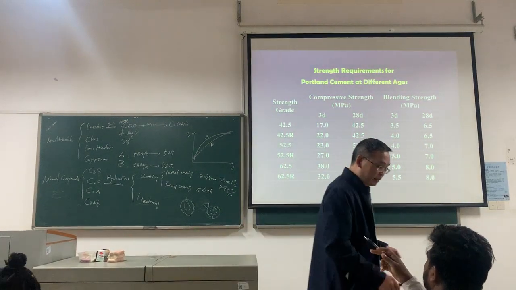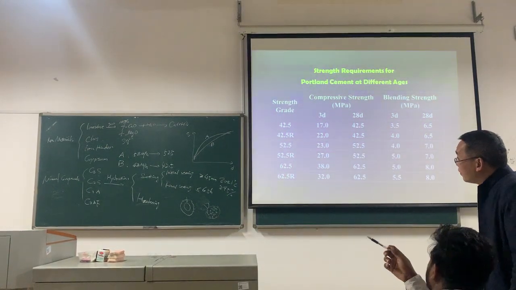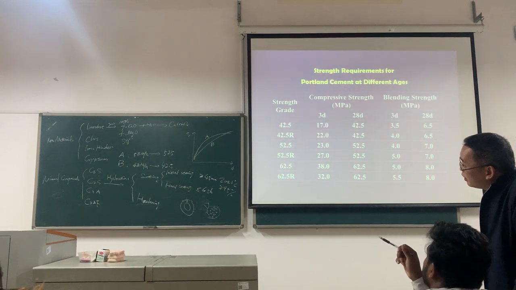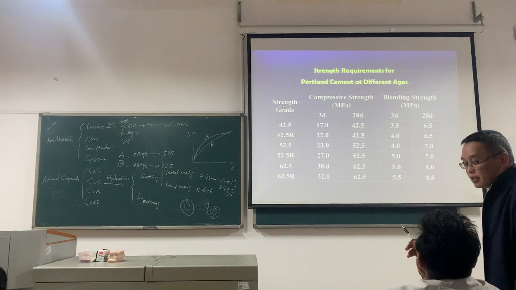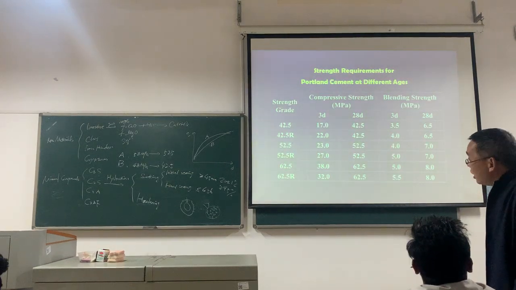This example means we always have to get a compressive strength higher than the strength grade, right? So always 52.5.